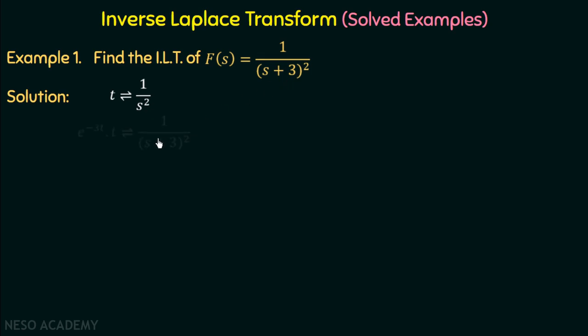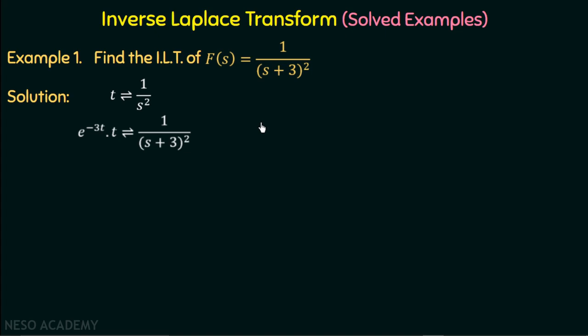That's why the inverse Laplace transform of 1/(s+3)² is e^(-3t) multiplied with t. In this way, we have calculated the inverse Laplace transform of F(s). So, we can find the inverse Laplace transform by the Laplace transform properties.